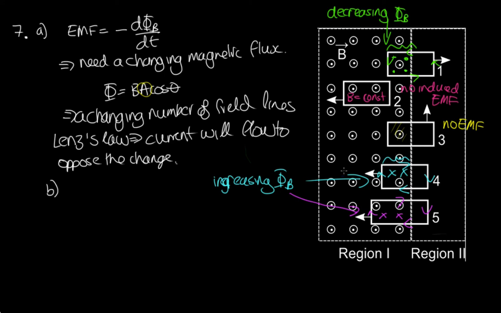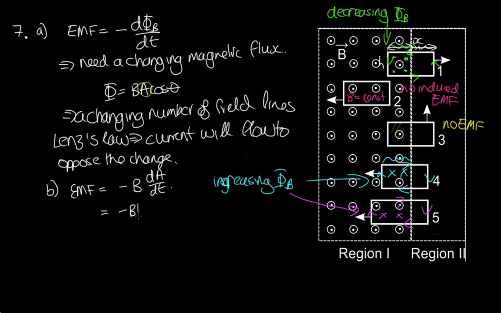Okay, now to rank the EMFs around the loop, what's changing is the area of the loop within the magnetic field. So we're going to have that our induced EMF is equal to minus B times the change in the area, dA/dt, and these all have the same height, so the area is equal to the height times length, and if we call this length x, we can refer to just x as the area inside the field.